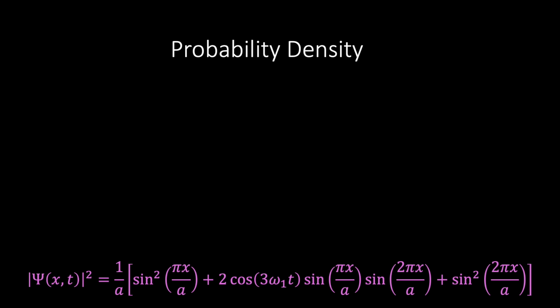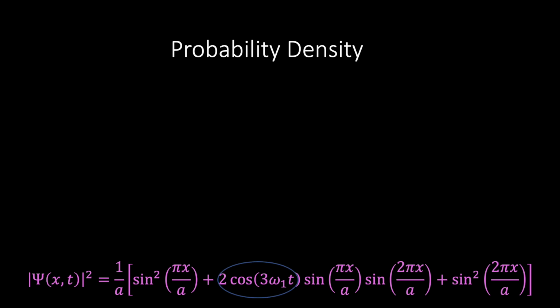Now, we immediately notice by staring at this expression that the probability density is a function of time. This was not the case when we were looking at the probability density for a single energy eigenstate. However, here the linear combination of energy eigenstates has led to a cos(3ωt) term.